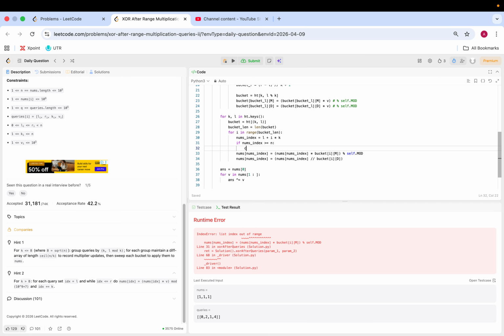Actually, instead of continue, we can say break, because as soon as the nums index that we map surpasses the valid range, there's no point in continuing this for loop.